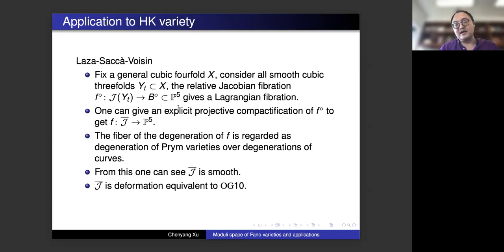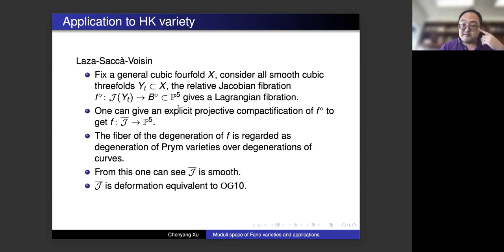So in other words, you can reinterpret this degeneration of intermediate Jacobians as degeneration of Prym varieties. And because we know much about degeneration of curves, we can say a lot more about the degeneration of Prym varieties. So one of the main consequences they got from this explicit construction is that the compactification is smooth.